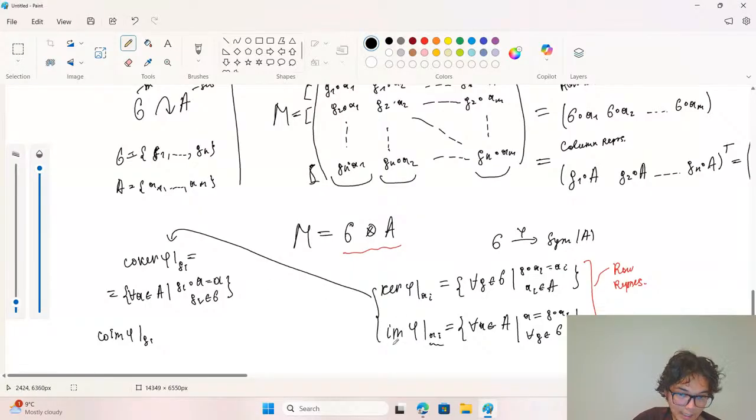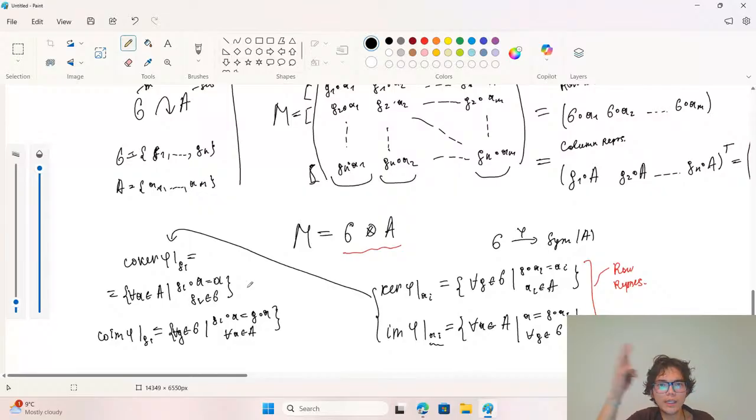So if the image consists of elements of A, the co-image must consist of elements of G, such that g_i acting on a must be the same as g acting on a for any a in A. So I define it in a way that they have the same image: all the g's that have the same image as g_i.